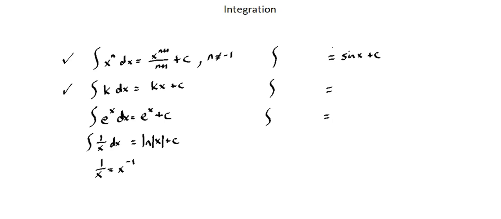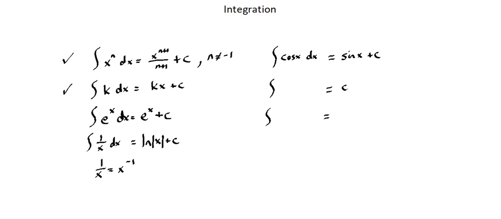Now, from the right side to the left, it's like performing differentiation. When I go from the result to the integral statement, it's like differentiation. So what is the derivative of sine of x? The derivative of sine of x is cosine of x. Thus, the integral of cosine of x with respect to x is sine of x plus c.